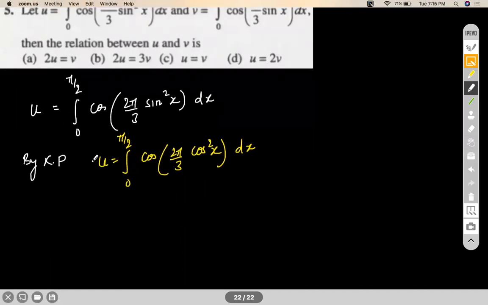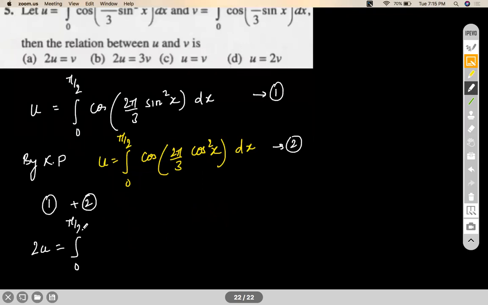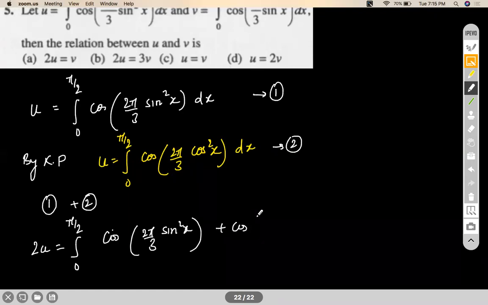Correct. Let us add these two. So let us add 1 and 2. So 2u will become the integral from 0 to pi by 2 of cos 2 pi by 3 sine square x plus cos 2 pi by 3 cos square x.